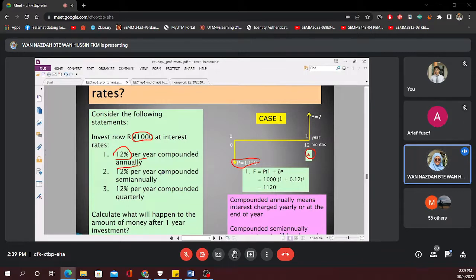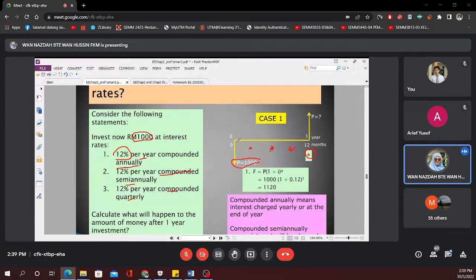If it says compounded semi-annually, meaning that every year they charge you twice, at the end of 6 months and at the end of 1 year. If it says compounded quarterly, meaning that every year 4 times. 1 time here, 2nd time here, 3rd time here.